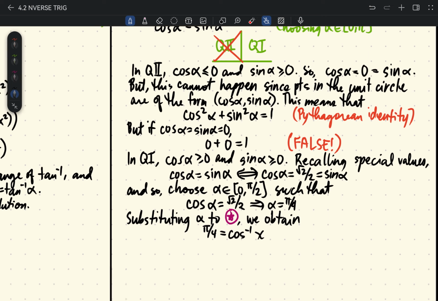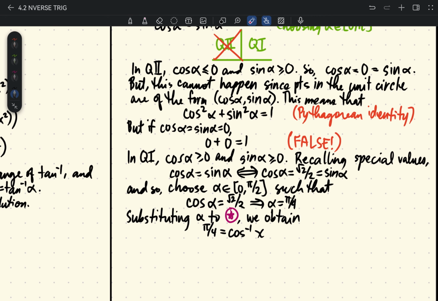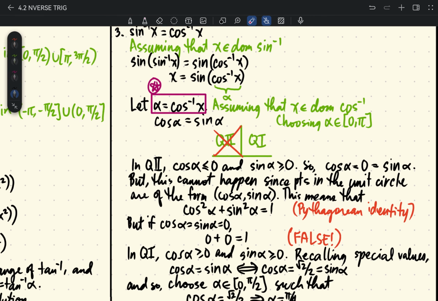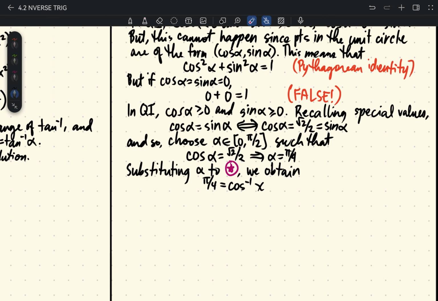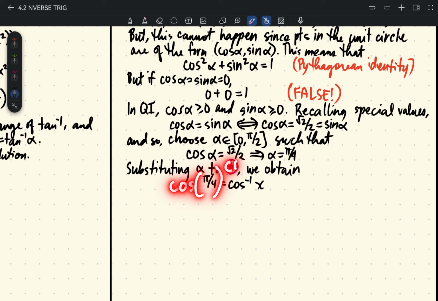And so, since x is assumed to be in the domain of cosine inverse, we can apply the cosine function to both sides to get cosine of pi over 4 equals cosine of cosine inverse of x, which is just x. And clearly, cosine of pi over 4 is just square root of 2 over 2. So x equals square root of 2 over 2.